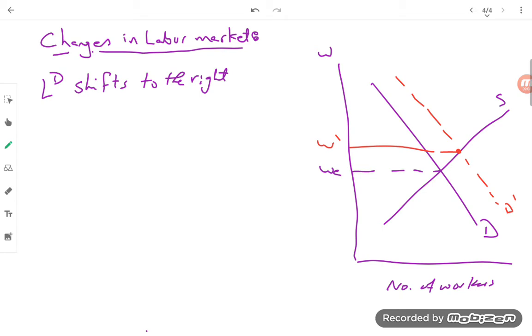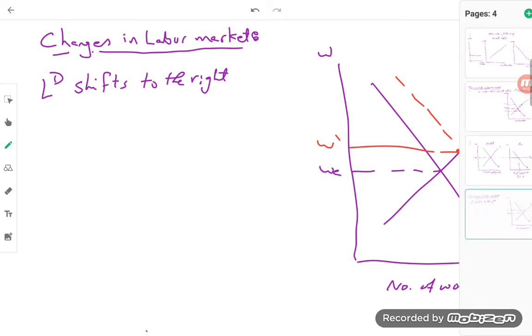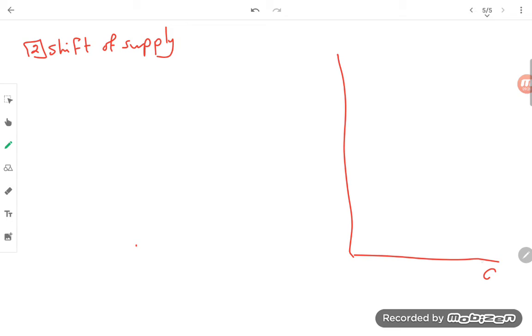What about the shift of the supply curve? This is the initial situation.